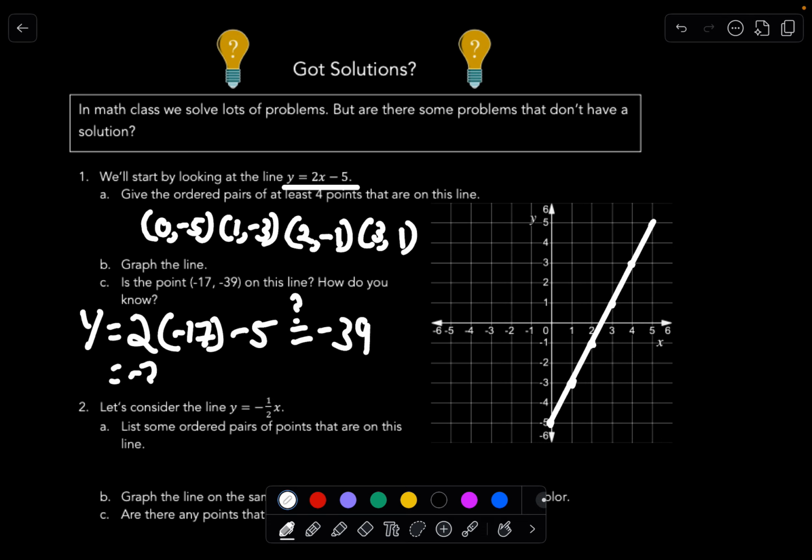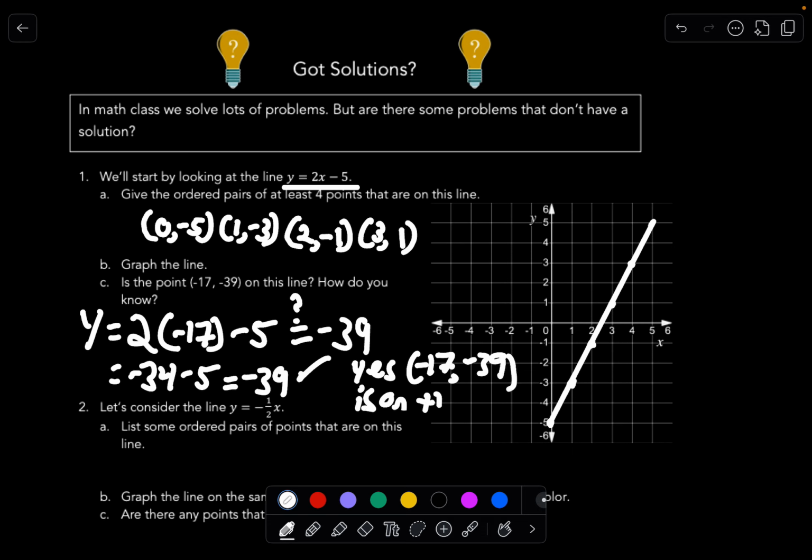So let's see. This equals negative 34 minus 5. And sure enough, it equals. So yes, it's a solution. (-17, -39) is on the line because it satisfies the equation.